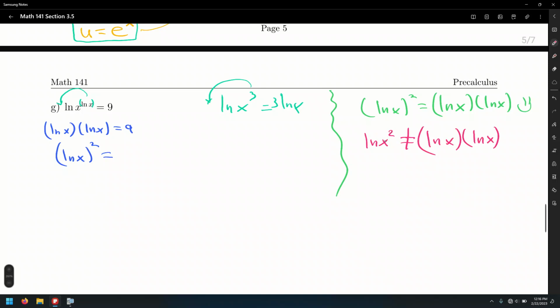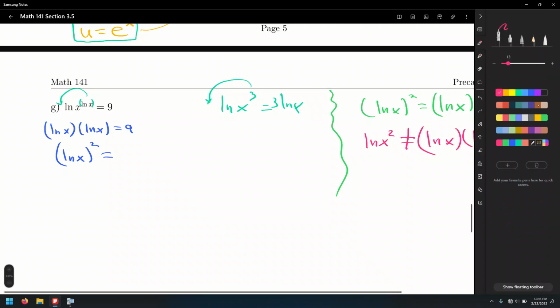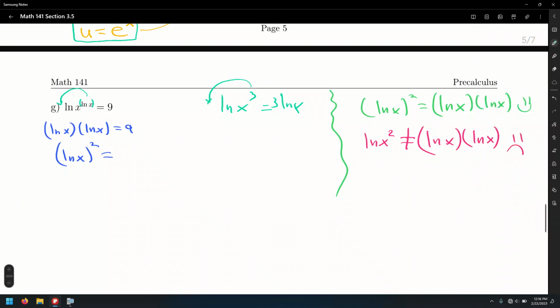The power only belongs to the argument of the logarithmic function, not to the function overall, by the way. In fact, a better way to fix this, let me go back to green to show the correct way, is to write it as ln of x squared instead.